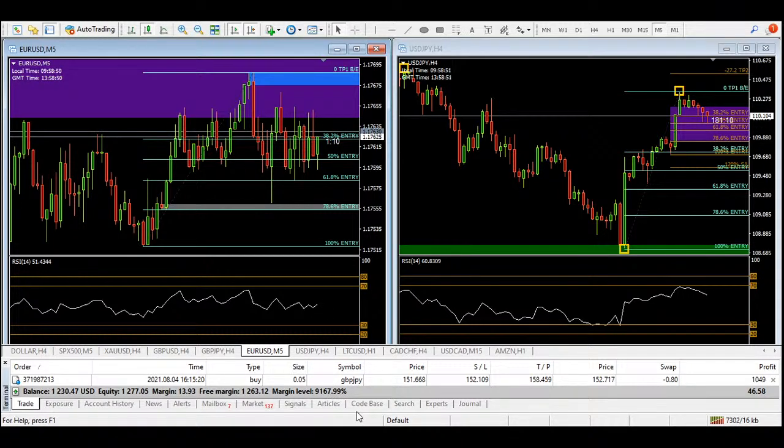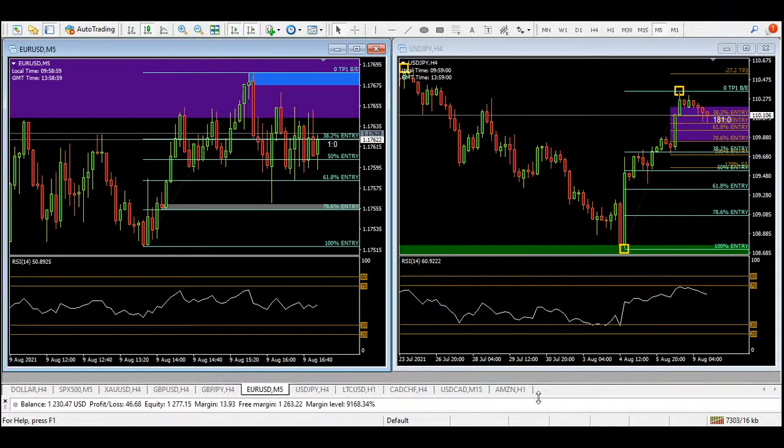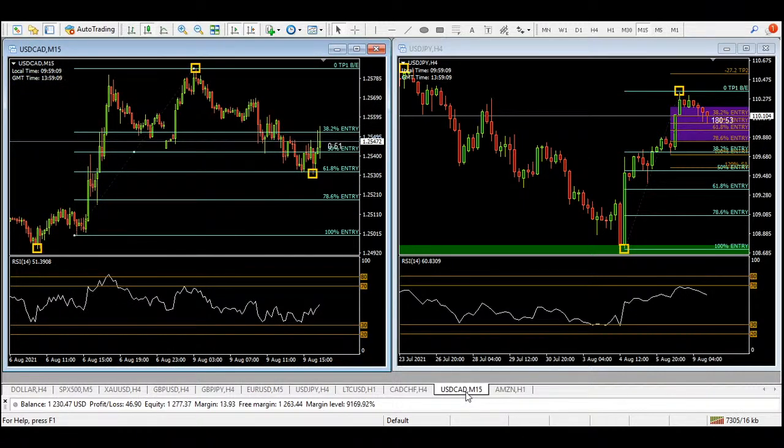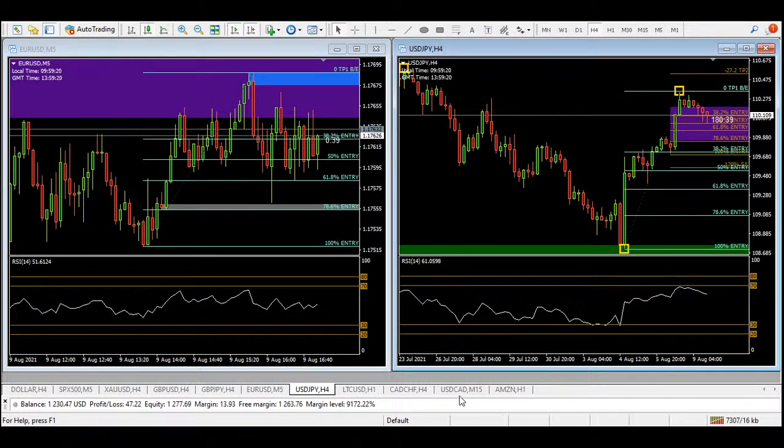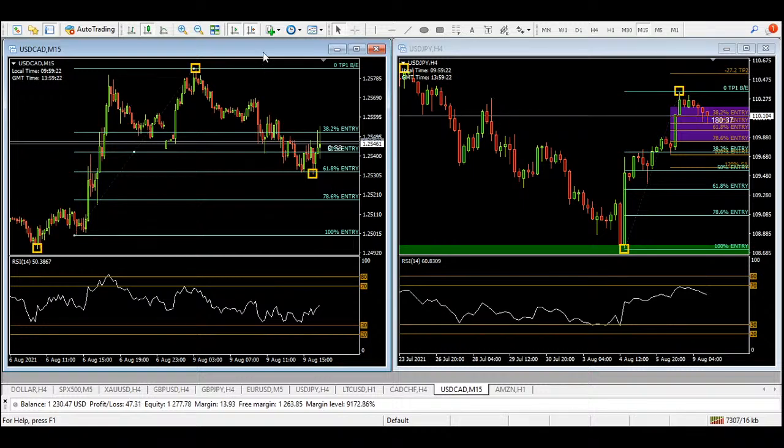So just so you guys know, I think Euro USD is going to go up, even though based on the consensus it should be going down. And I think USD CAD is in line with the consensus.